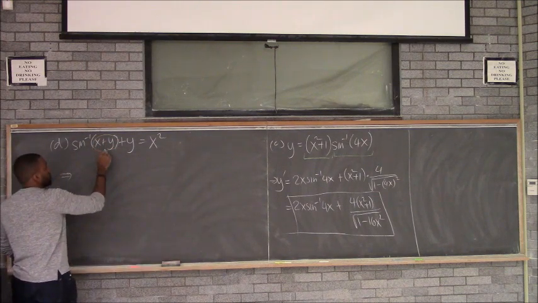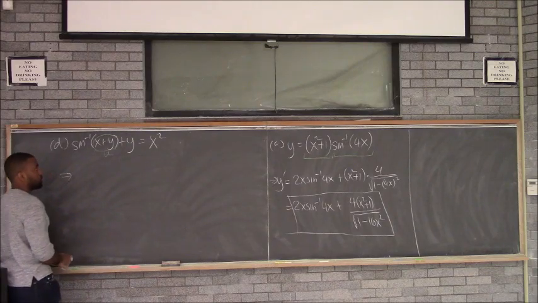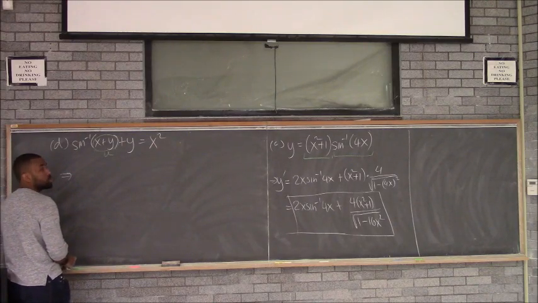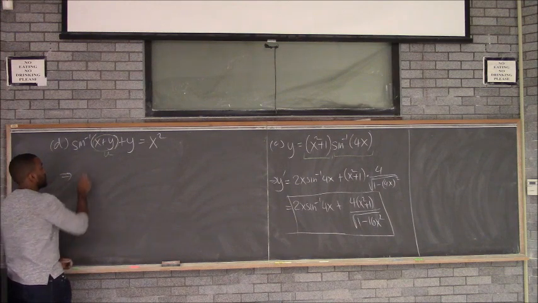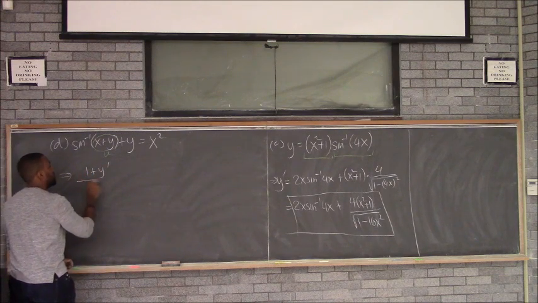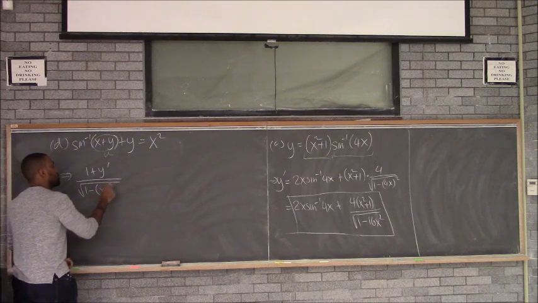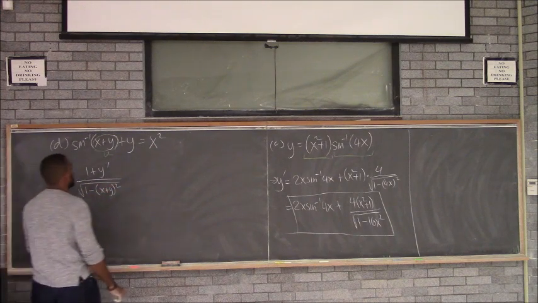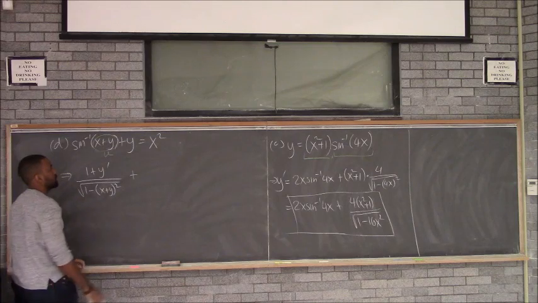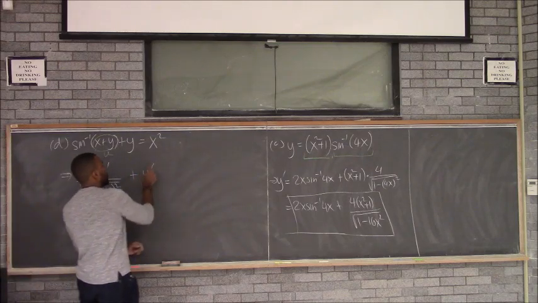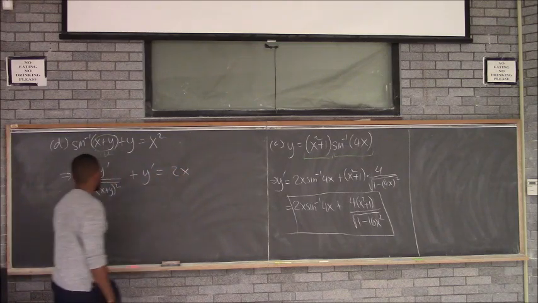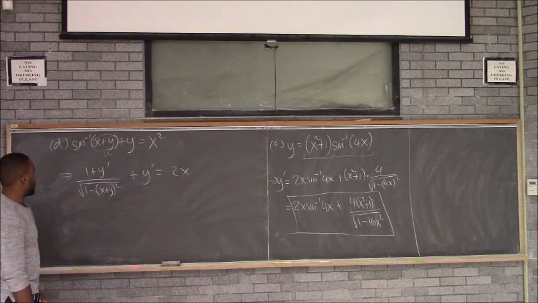This whole thing is u, right? What's the derivative of u? That was 1 plus y prime. 1 plus y prime divided by the radical 1 minus u squared plus y prime equals 2x. Now I just need to solve for the y prime.